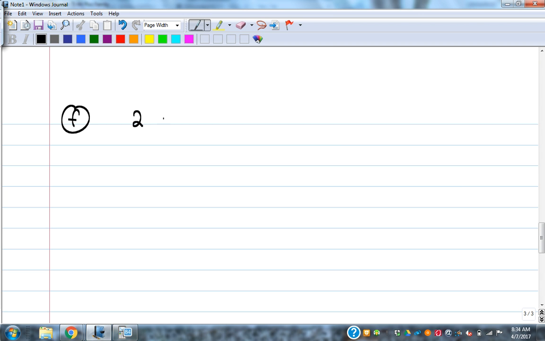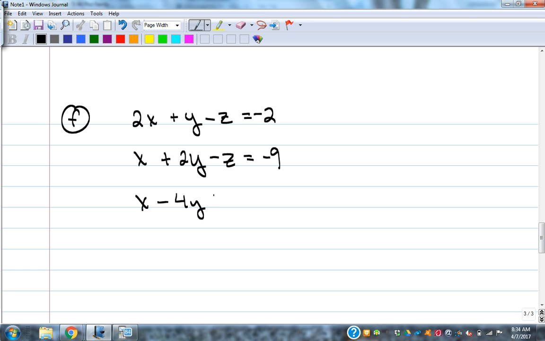All right. So let's look at example F. We got x plus 2y minus z equals -9, 2x plus y minus z equals -2, x minus 4y plus z equals 1.